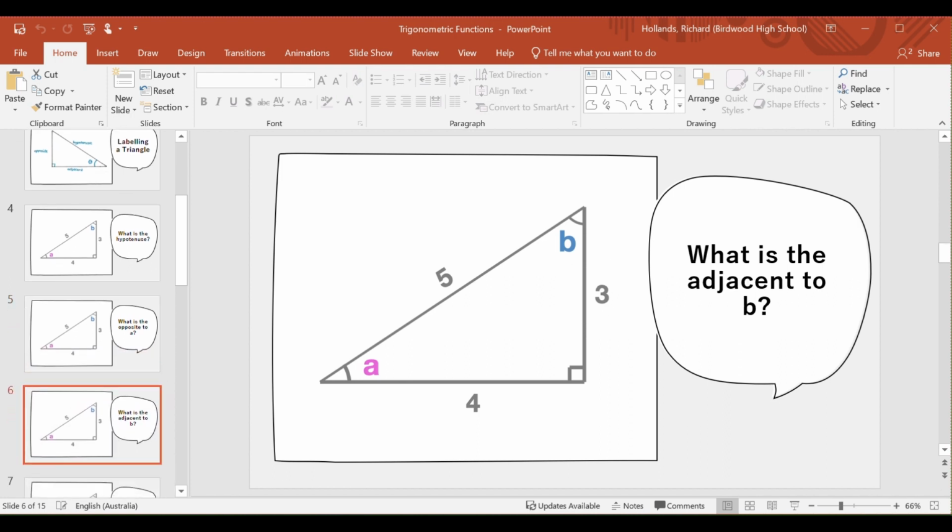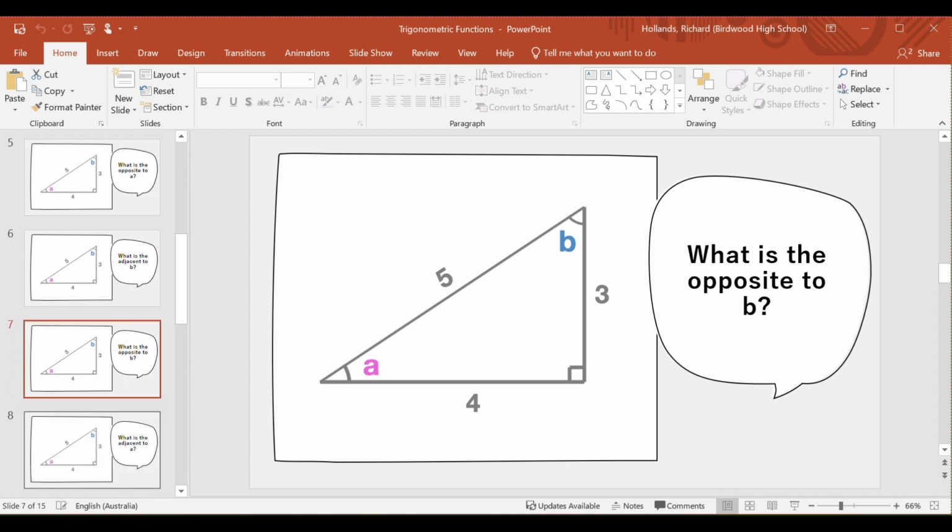And then what is the adjacent to B? It's definitely not the hypotenuse, which is 5, so it's the one that runs alongside it, 3. What is the opposite to B? We've got B here. The opposite is 4. And lastly, what is adjacent to A? It's the one that runs alongside it, 4.